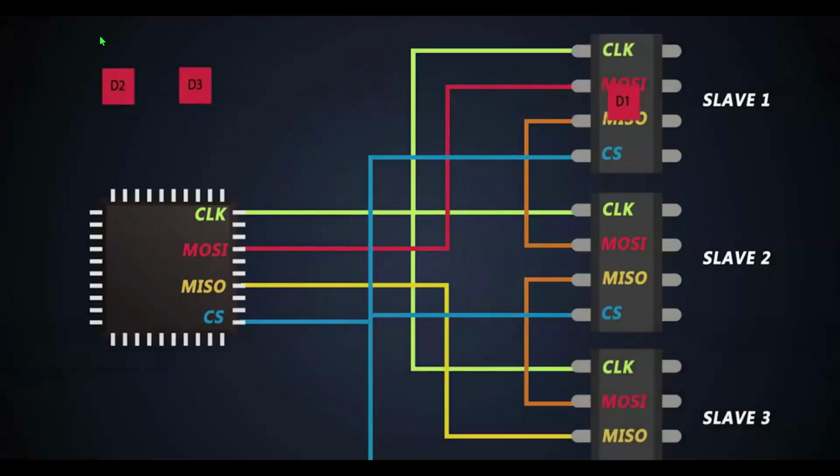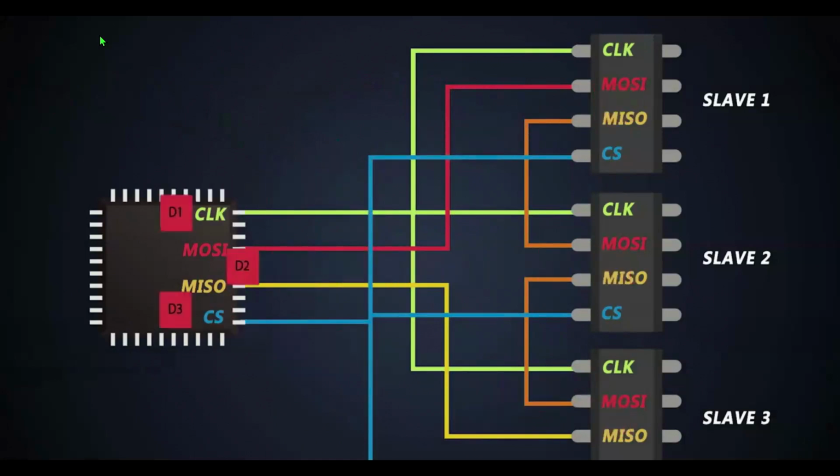Now we want to send D1 data to slave 1, D2 data to slave 2 and D3 data to slave 3. To do so, initially the master needs to start the communication.